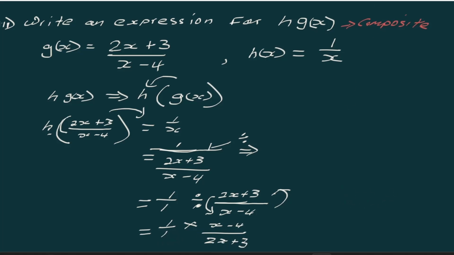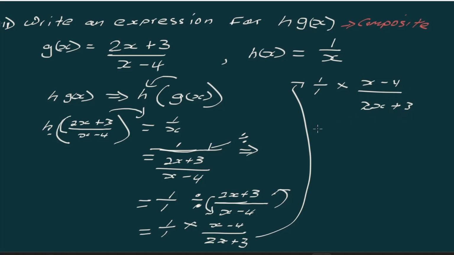Now we continue the question. We have 1 over 1 multiplied by x minus 4 all over 2x plus 3. Now this again is 1 multiplied by x minus 4 in brackets.